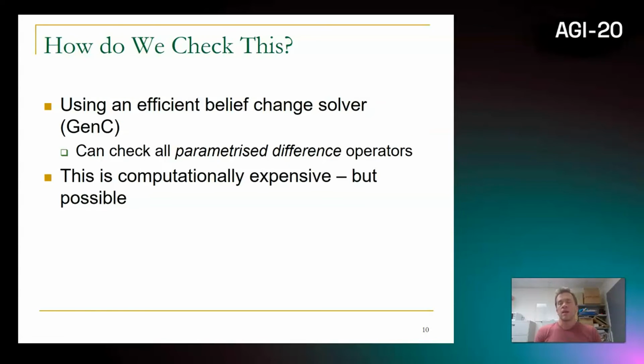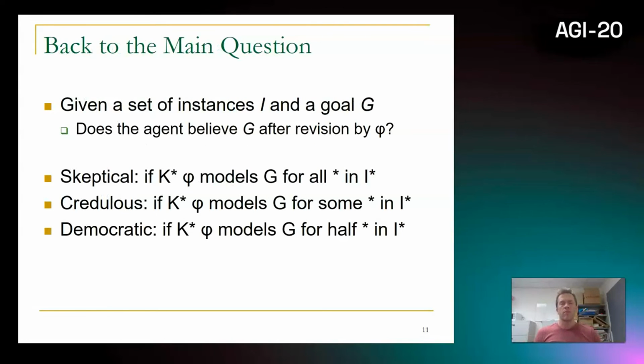And then what does that mean? Well, it means we can draw conclusions about how the agent may or may not be actually revising their beliefs. So given a set of instances and a goal G, we could be asked, does the agent believe G after revision by some formula? And there's a bunch of answers we can give.